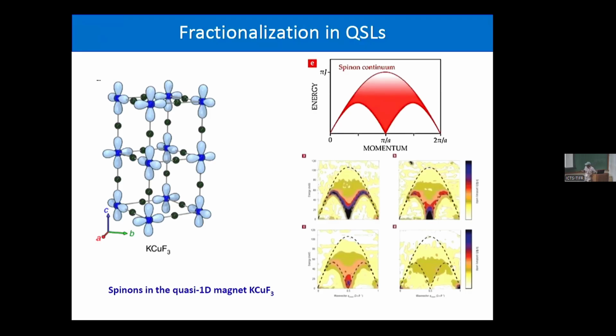So this is an experimental example of fractionalization in a quantum spin liquid. For 1D, you will have this particular shape, but for higher dimensions, these shapes will be more complicated. But the bottom line is that you will have a continuum of diffuse excitations which have no structure.